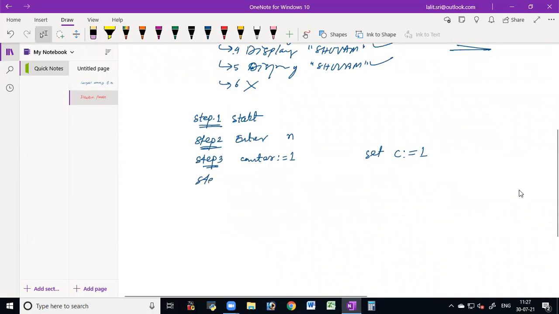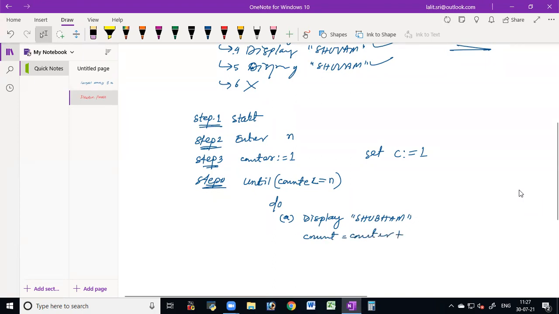So in step number 4, I can write: until counter is less than or equal to n, do step 1 or sub step: display, and counter equal to counter plus 1.